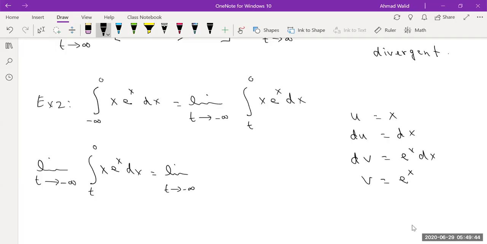How much is u? x, here a bracket, x times v, e to the x, from t to 0 minus integral from t to 0 v du. Your v is e to the x times du, which is dx.